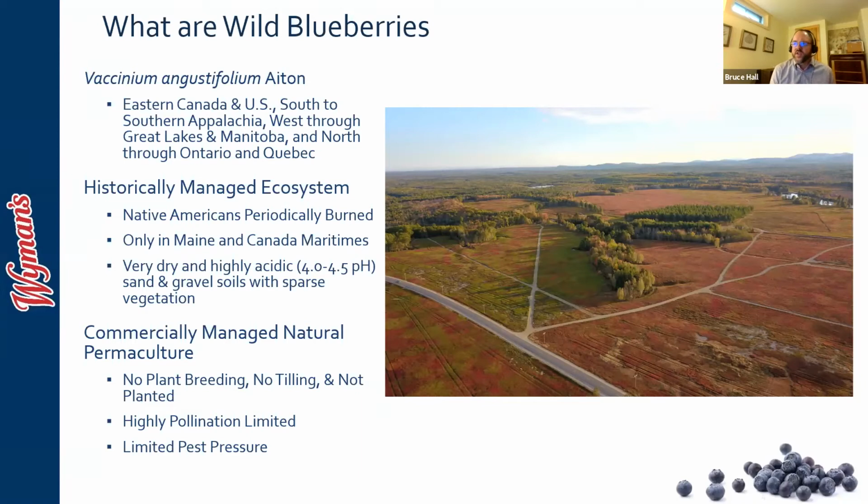Their native range is eastern Canada, the US, south to the southern Appalachia, west through the Great Lakes, Manitoba area, and north throughout Ontario and Quebec. It is important to know that in Maine and Canadian Maritimes in particular, wild blueberries are actually the dominant species of a naturally occurring, historically managed ecosystem known as the wild blueberry barrens.